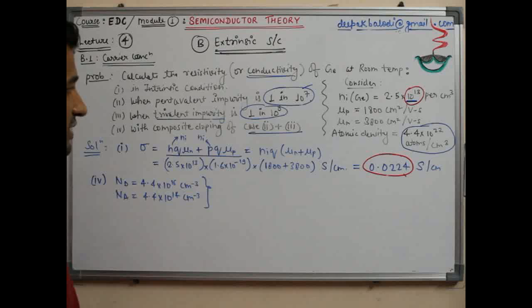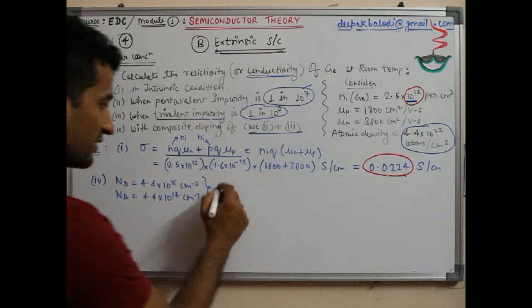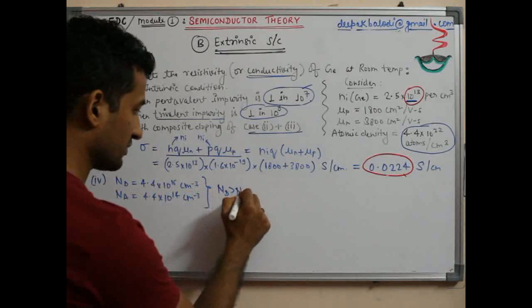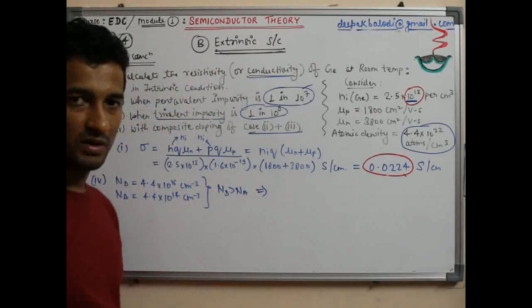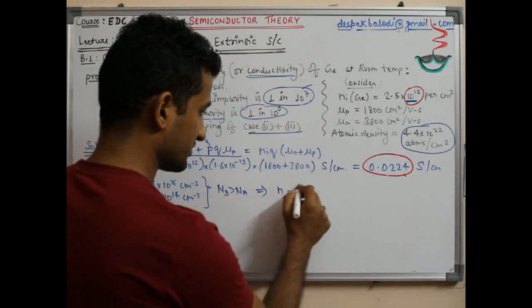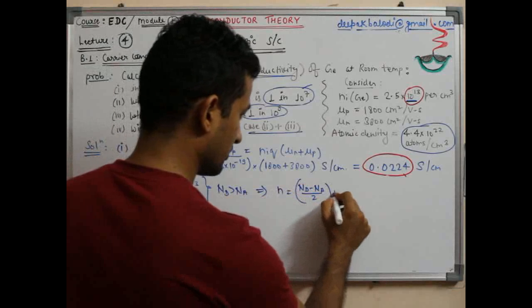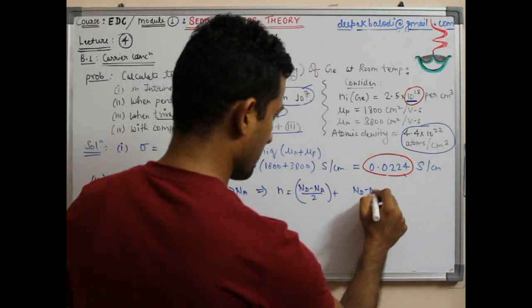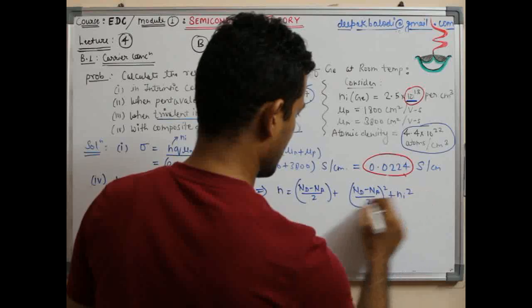Once we did this, we wish to calculate this. Now because ND is greater than Na by 1 order, it gives an idea to go for the calculation of N first with (ND minus Na)/2 plus the square root of ((ND minus Na)/2) square plus Ni square.